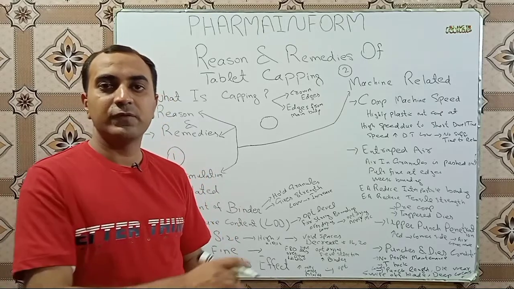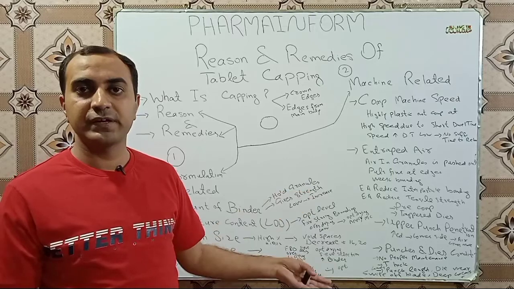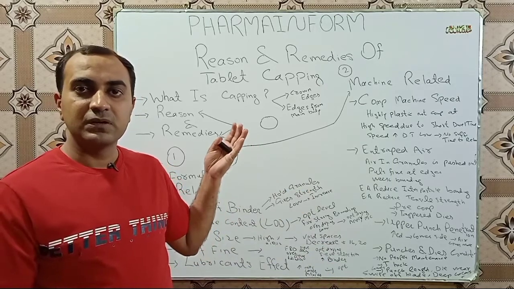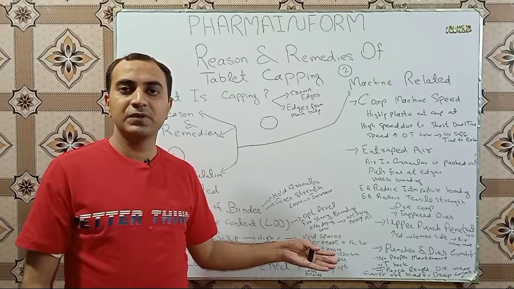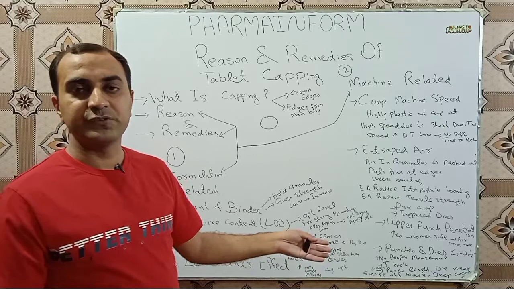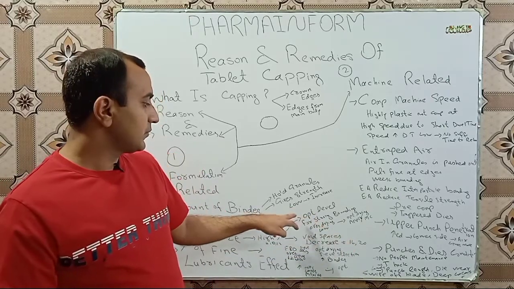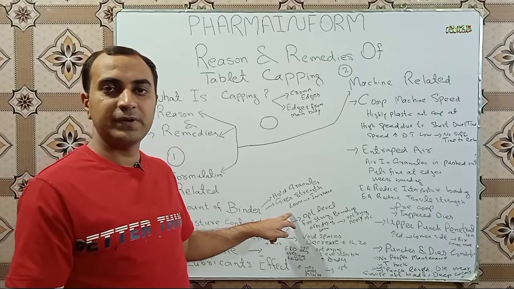So low level of moisture content or LOD may occur due to over drying, or we may run our dryer for a long period of time. This may result in less amount of moisture content in our product. So less amount of moisture content will promote tablet capping.